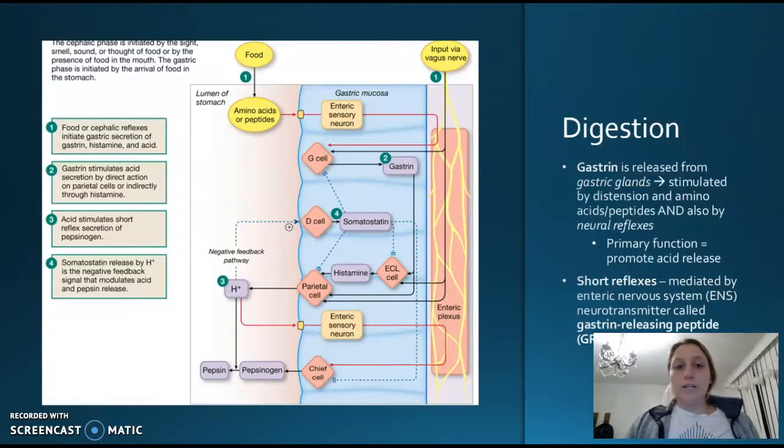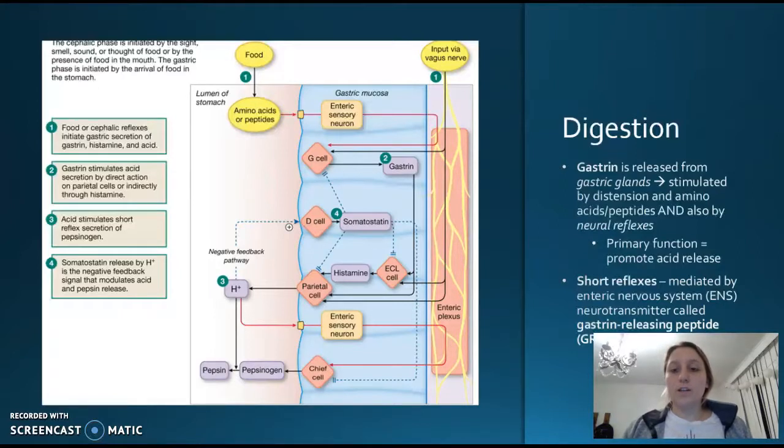To talk about digestion within the stomach, gastrin is released from the gastric glands, stimulated by distension, amino acid peptides, and also neural reflexes. The primary function of gastrin is to promote acid release, and we know the food needs a high presence of acid in order to be digested.